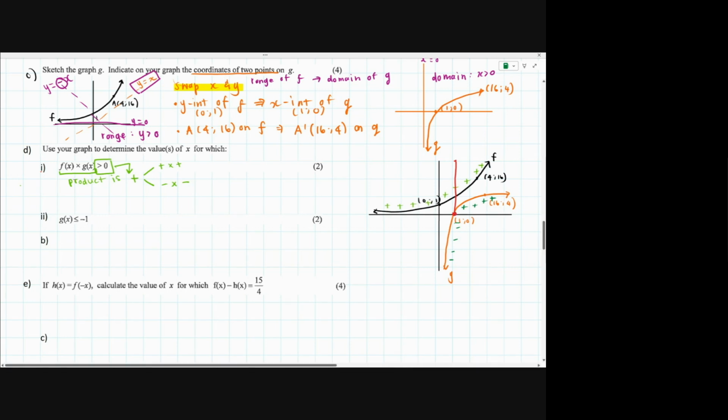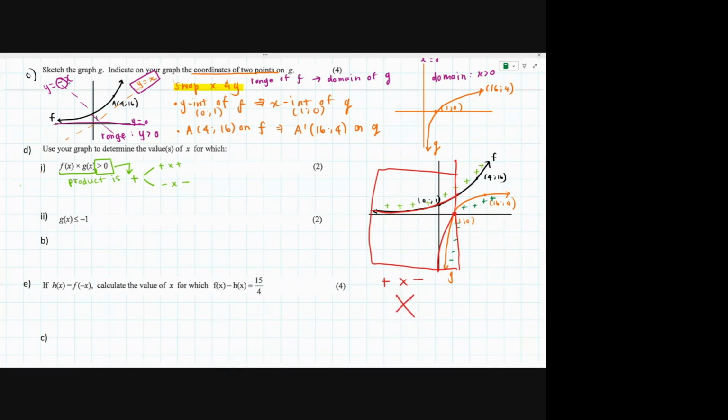So this x-intercept is the point at which my graph changes from positive to negative. So would you agree with me that on the left-hand side here, I have got a positive times a negative? These are all positive values. These are all negative values. That doesn't work for me. That's a no-go because that gives me a negative product.